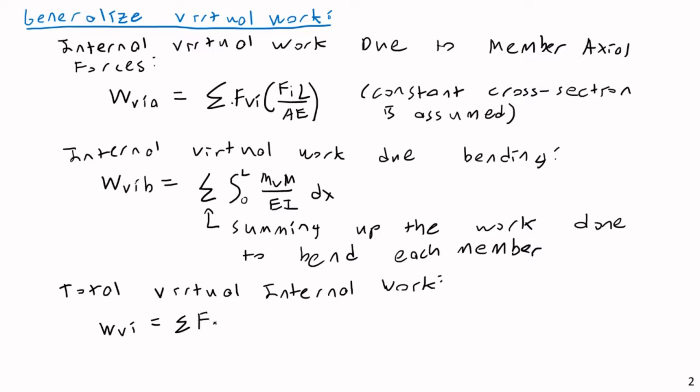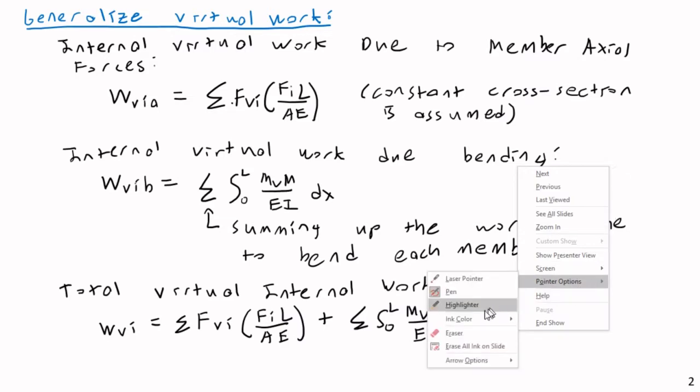So the summation of FVI times FIL over AE. Basically, this is the work done in an axial deformation, plus the summation of the integrals from 0 to L of MVM over EI dx. Again, maybe I'll just annotate this.